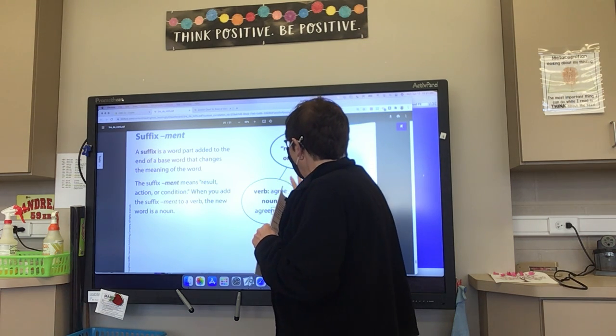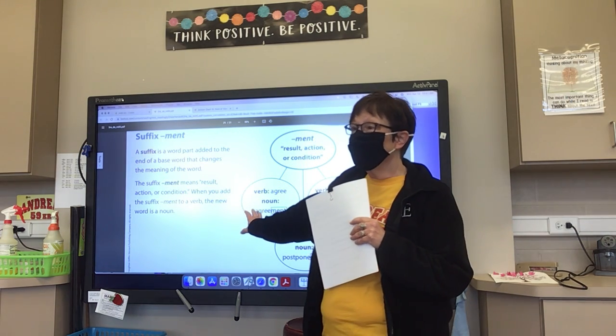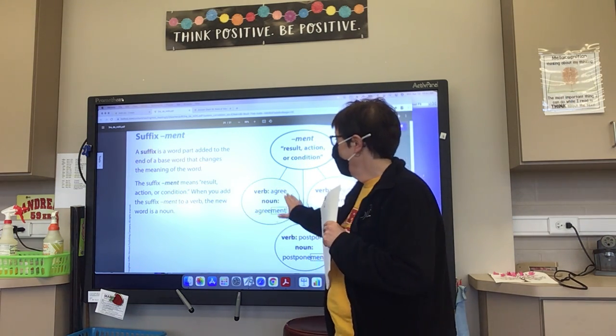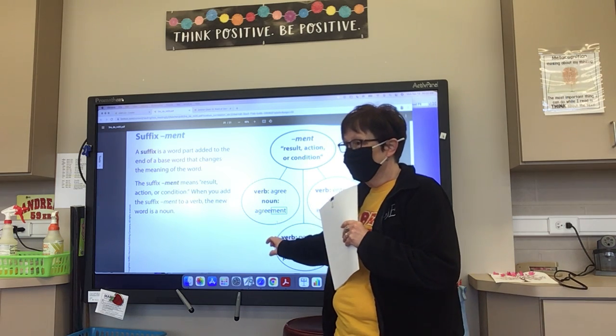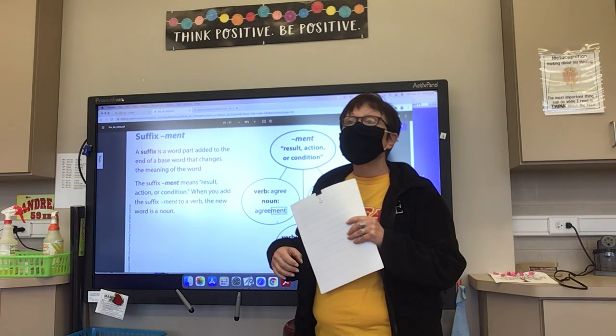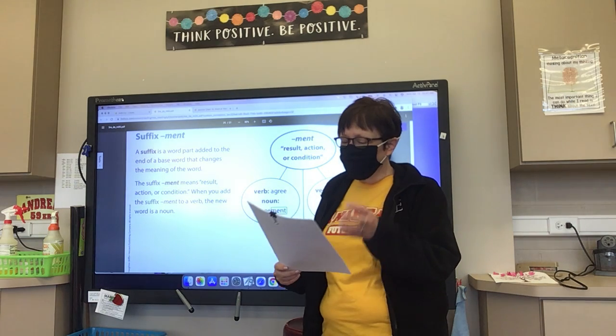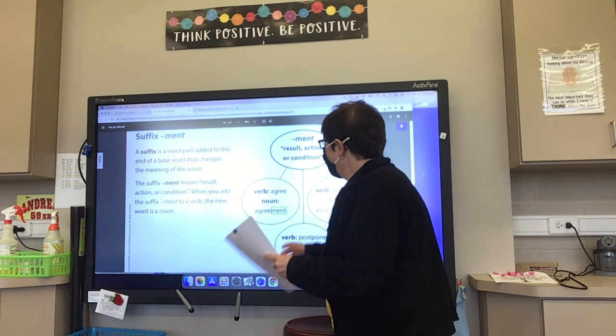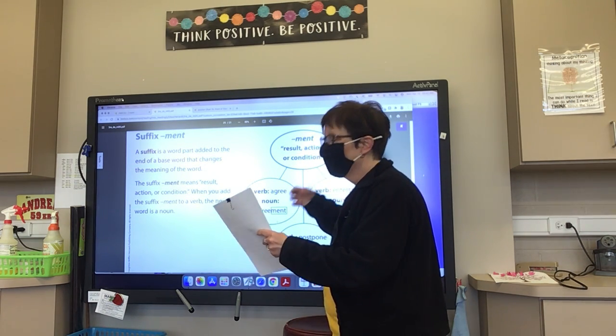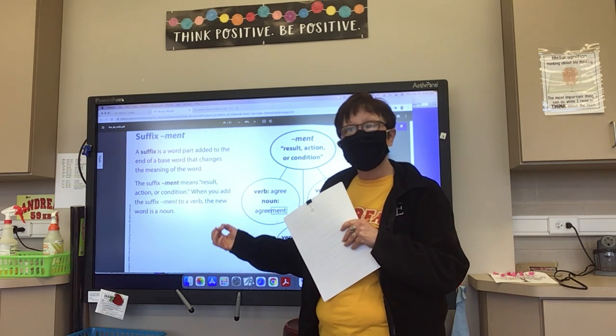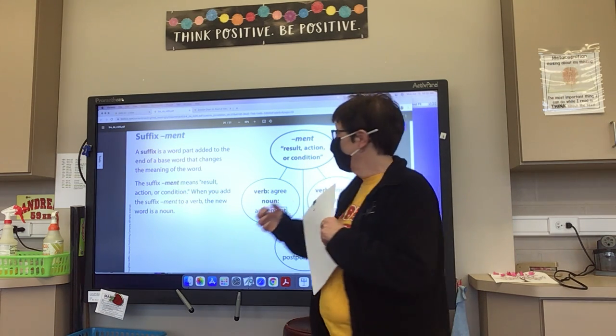If we have the verb agree, we add ment and have agreement, the act of agreeing.